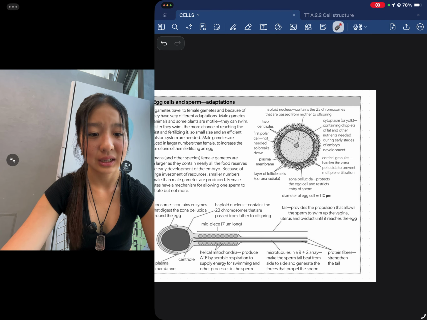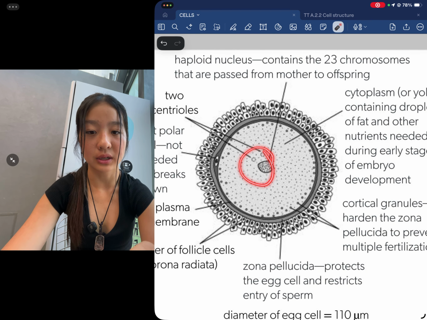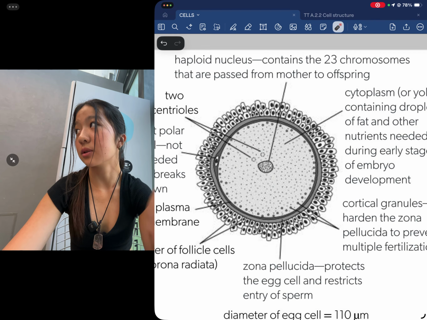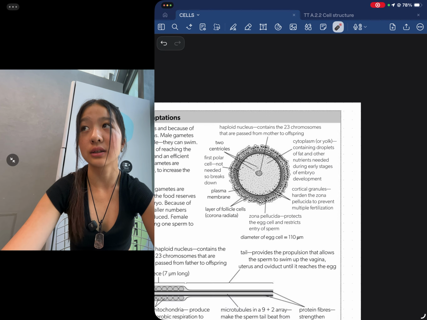And then they also have the haploid nucleus, which just contains the single set of chromosomes.